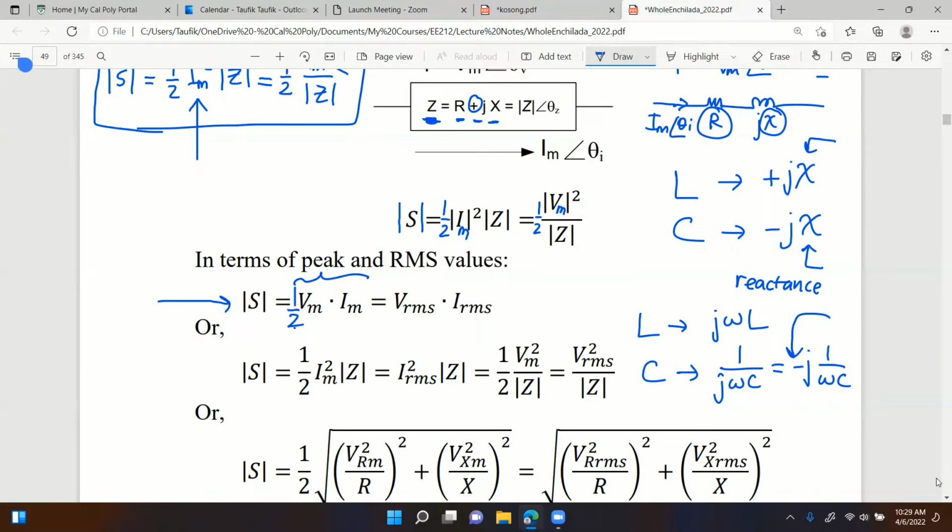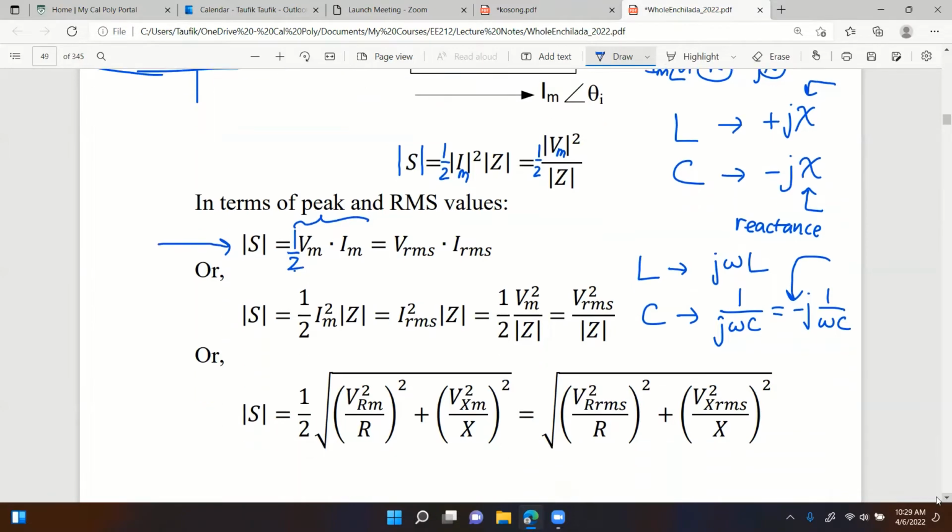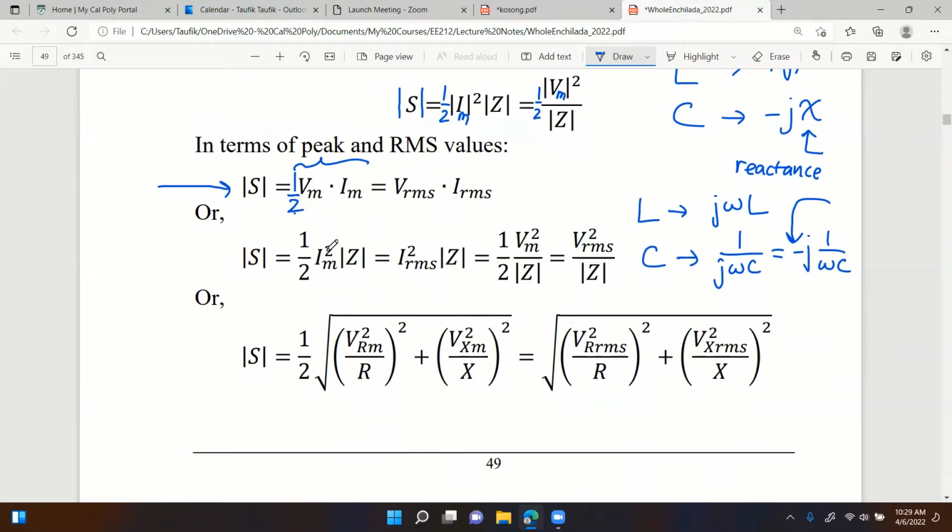If you use RMS, then the 1/2 disappears. Okay. We already got this. That's what we just talked about. That's actually a correction to this first equation right there.